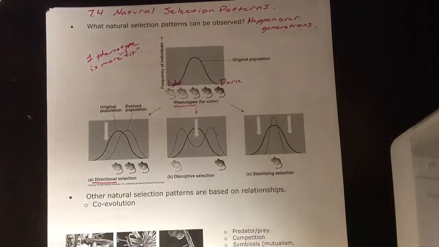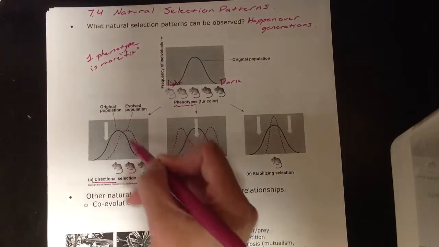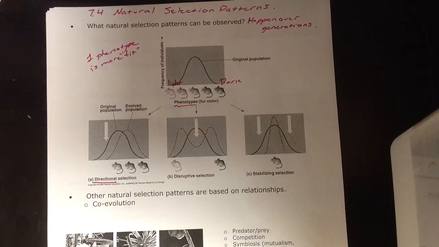The nature of it, or the factors affecting the organism's population, is going to be changed by that limiting factor or that predator. So here you have that original population graph as well, that same bell curve, and now you have some form of directional selection.